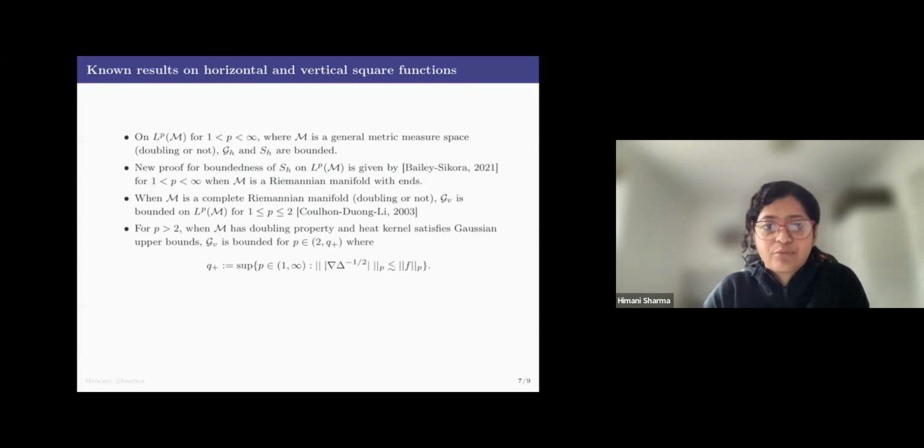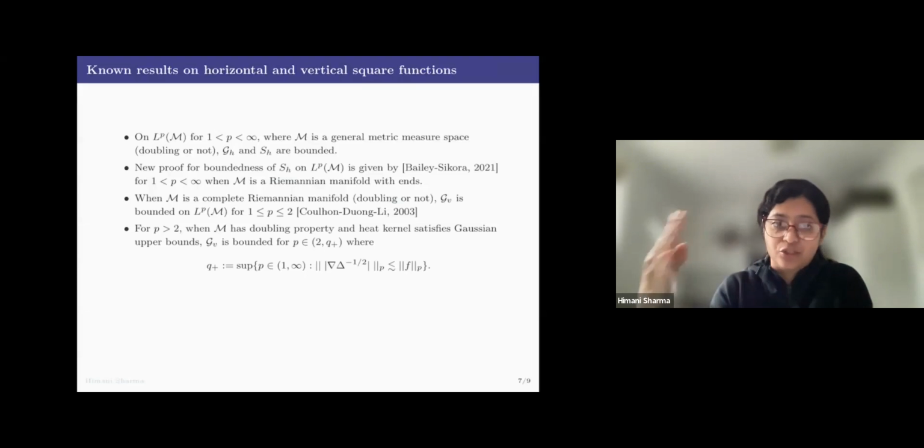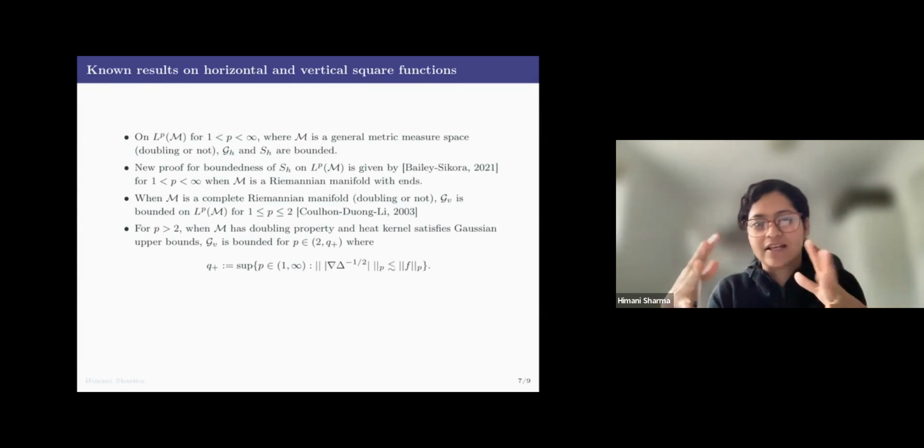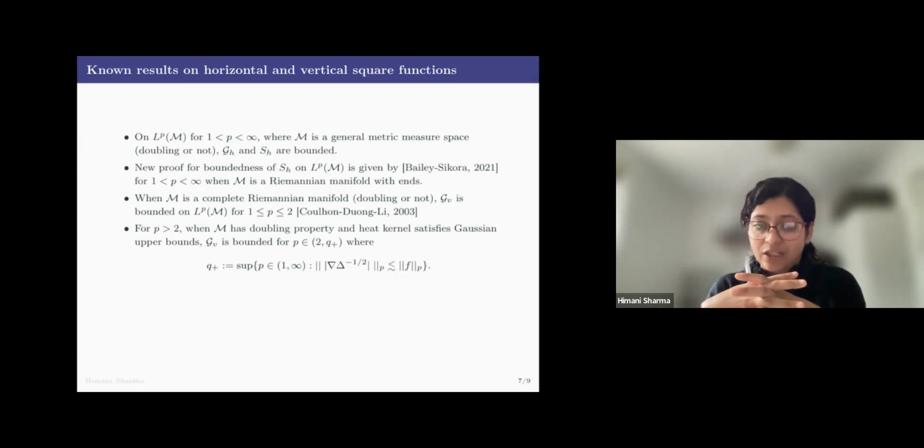Later, it was also proved by Cohen and Zhong that for p in the range greater than 2, if M has the doubling property and the heat kernel satisfies Gaussian upper bounds, then we will be able to get boundedness of the vertical square function.